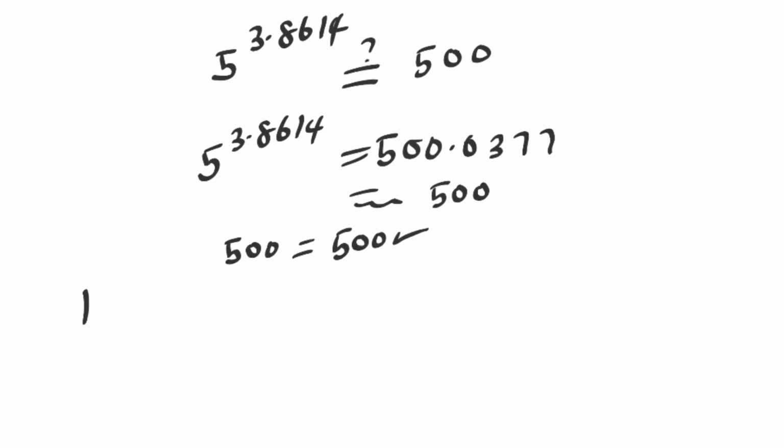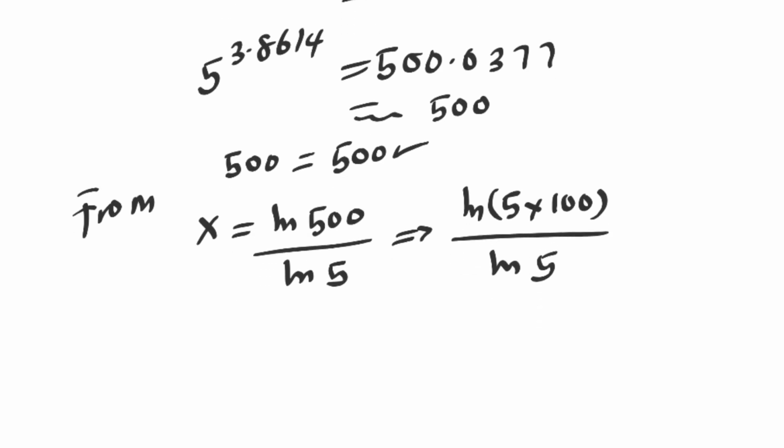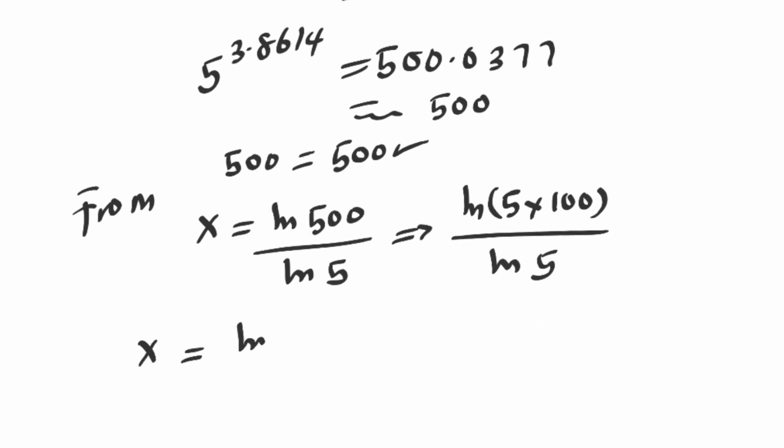Then from x is equal to ln of 500 over ln of 5, ln of 500 can be written as ln of 5 multiplied by 100 over ln of 5. x is equal to ln of 5 plus ln of 100 over ln of 5.